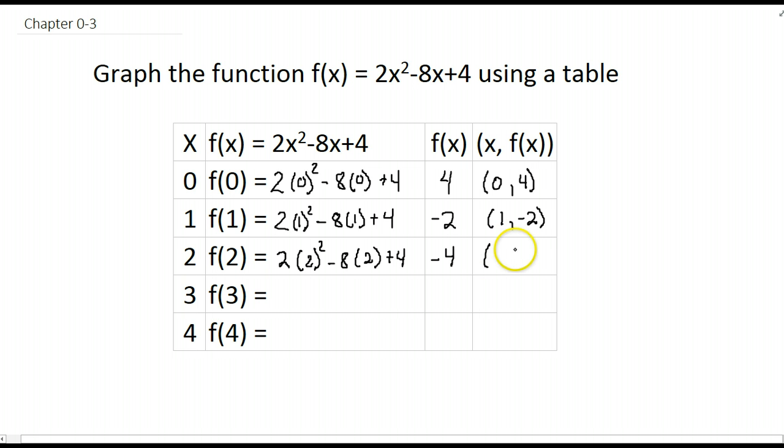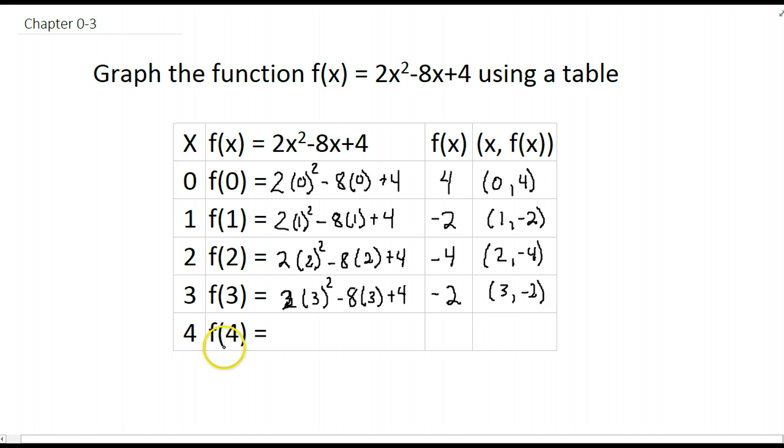So now we have our ordered pair at open 2, comma -4 close. F of 3. So then we have 2 open 3 closed squared minus 8 open 3 closed plus 4. So our f of x value is -2. So now our ordered pair is open 3, comma -2 closed.